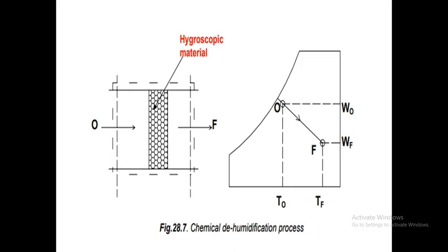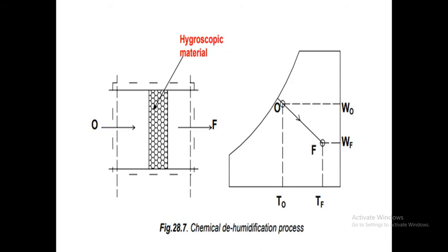On the psychrometric chart, this process is represented by a straight angular line. Refer to this: this is T0, the initial DBT, and it goes to TF. This is a straight line.